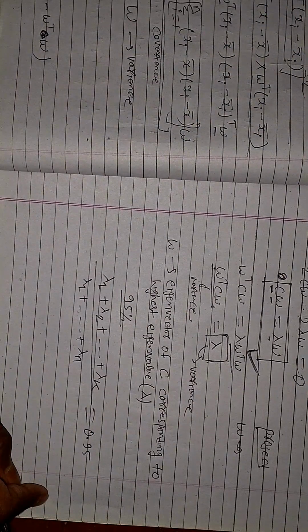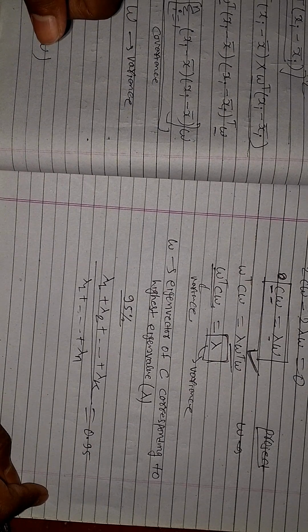So the rule of thumb is to pick as many lambdas as required to cover, let's say, 95% of variance, and that many eigenvectors, the w's, the principal components of the covariance matrix, and you project onto them.